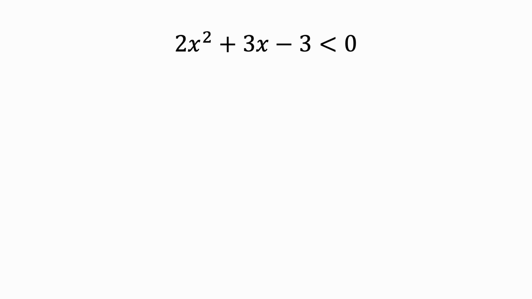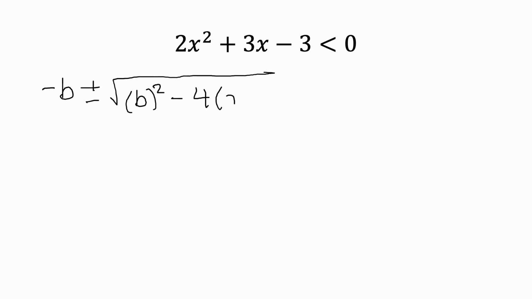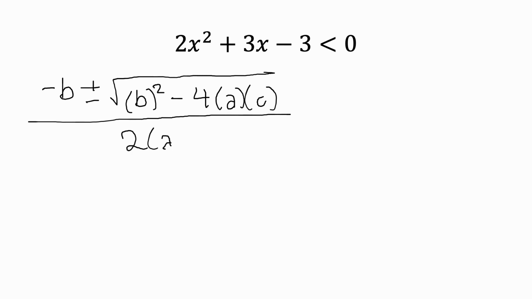The quadratic formula is x equals minus b plus or minus the square root of b squared minus 4ac, over 2a.